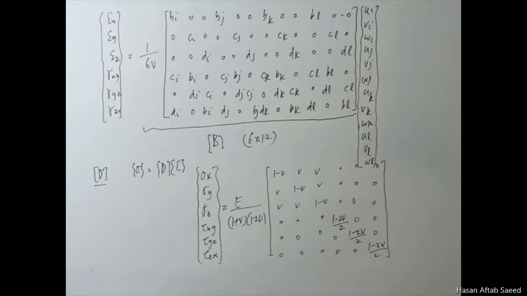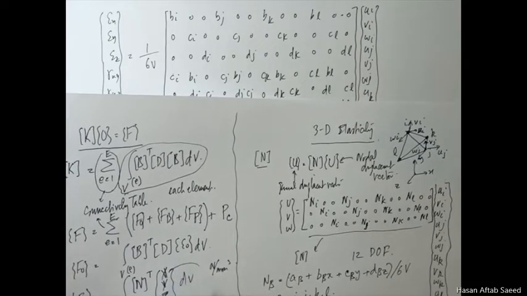Now this takes us to the next quantity of importance, and that is epsilon naught. If you know epsilon naught, then we can move forward.